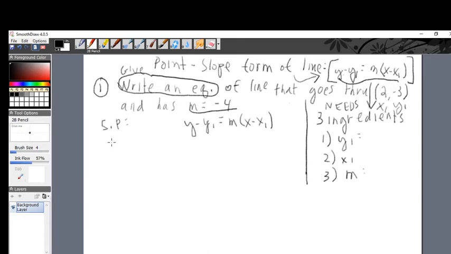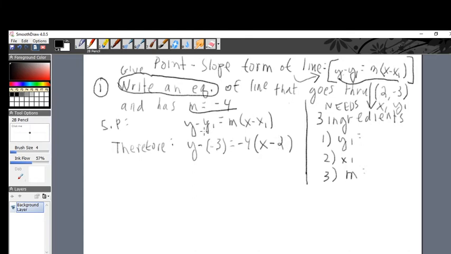Therefore, we write y minus y1, which is negative 3, equals m, which is negative 4, times x minus x1, which is 2, and finish the parentheses.